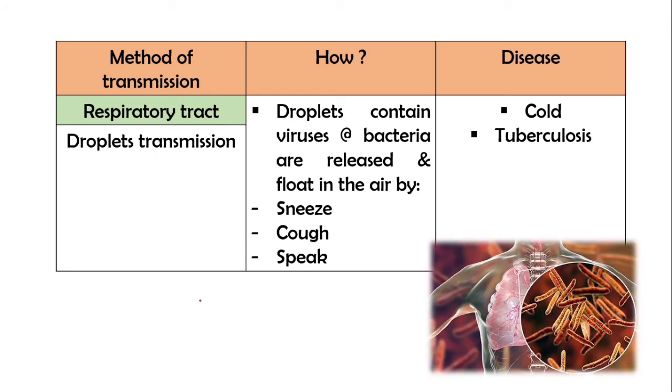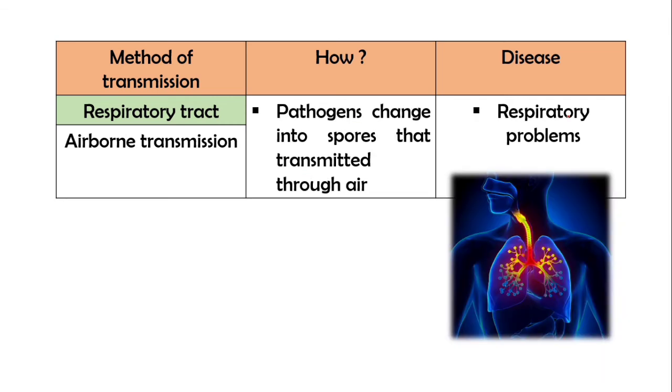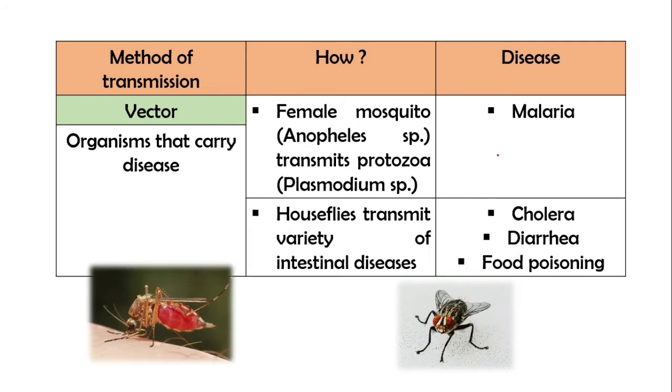Droplet transmission. Droplets that contain viruses and bacteria are released and float in the air by sneeze, cough, and also spit, such as COVID-19. The types of disease are cold and tuberculosis. Airborne disease is caused by pathogens that change into spores that are transmitted through the air and can cause respiratory problems.